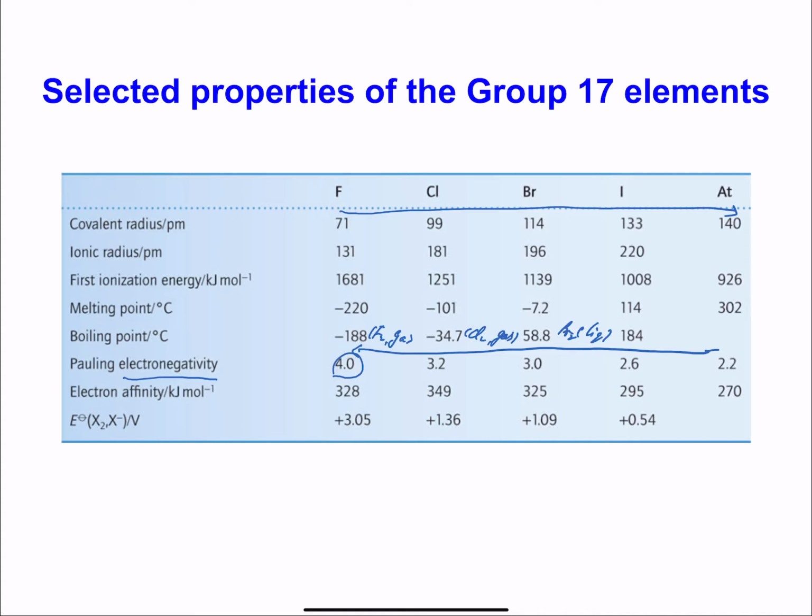Iodine, you can see from the melting point, becomes a solid. In this case, the first ionization energy is also consistent with the electronegativity. They are consistent in group 17.